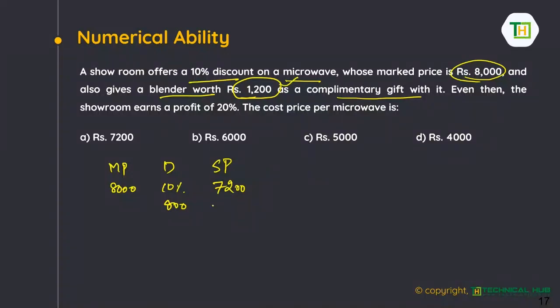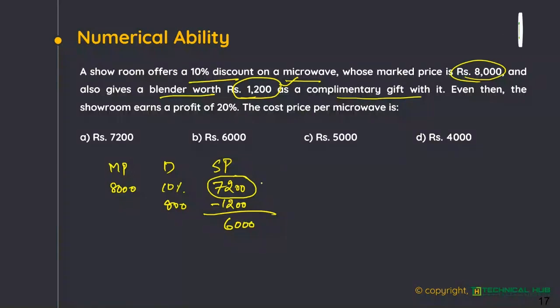So first, this amount will be reduced from this 7,200. If you subtract 1,200 from this 7,200, the remaining price will be 6,000. This 6,000 is the selling price of the microwave.